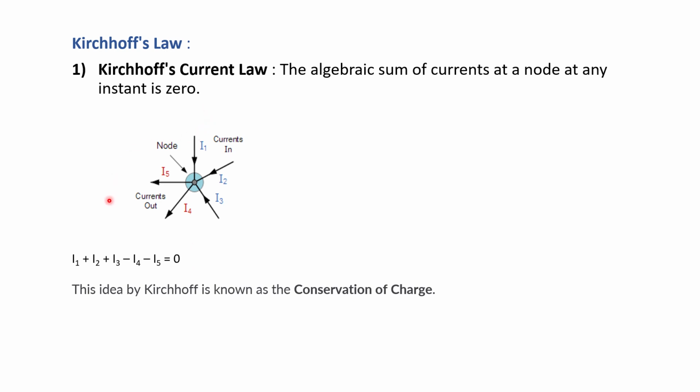For applying this law, we assume that incoming current has positive polarity and outgoing current has negative polarity, and we sum all these currents, and the sum of all these currents is equal to 0, or you can say incoming current is equal to outgoing current. So this is Kirchhoff's current law. We apply it to the circuit for analysis of a circuit.